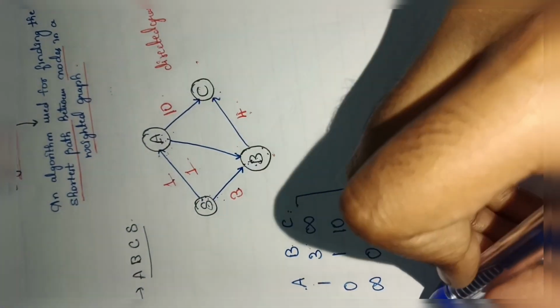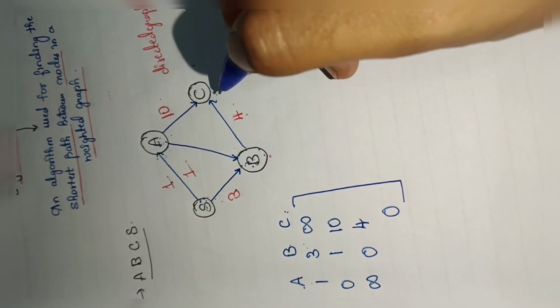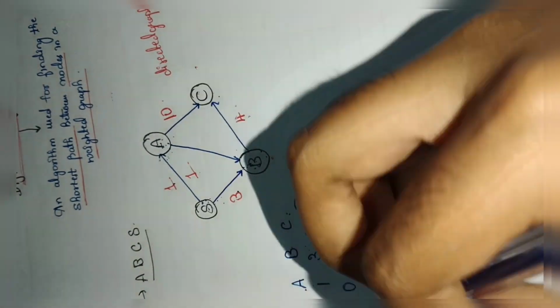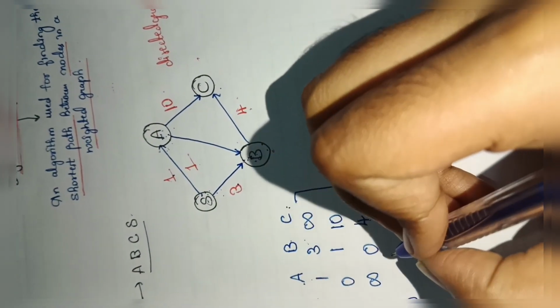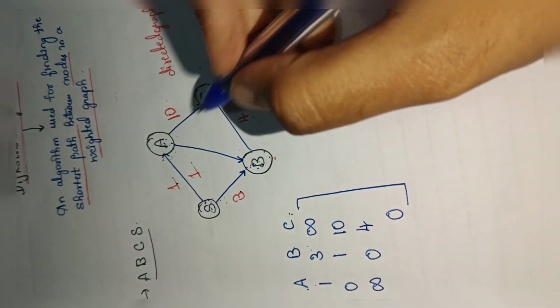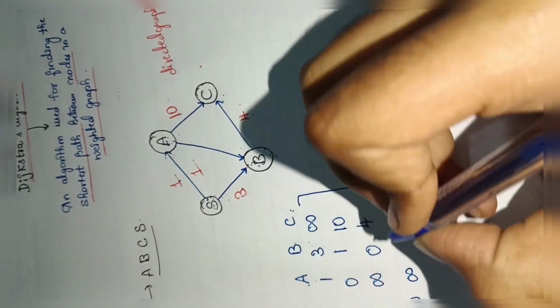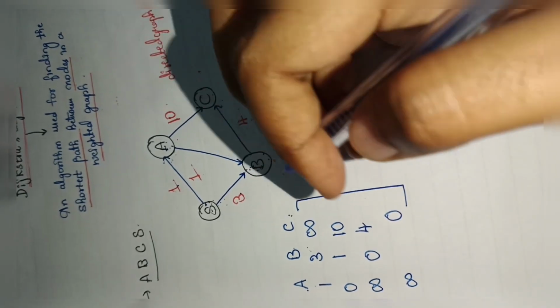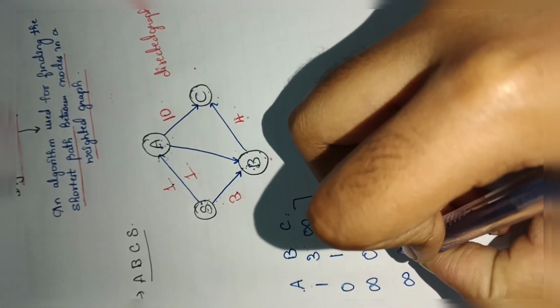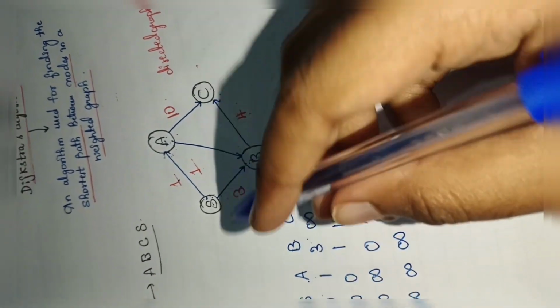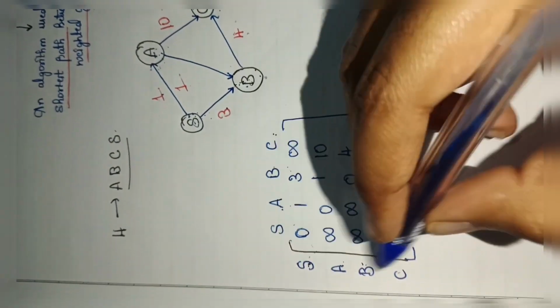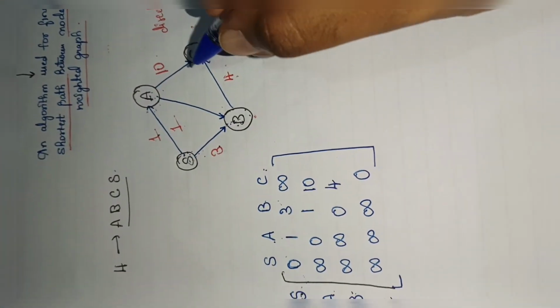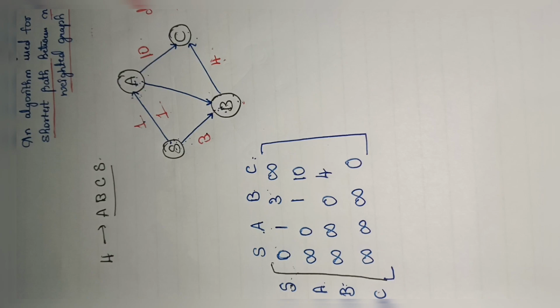And then from C to S, it's again infinite. And from C to A, it's again infinite. And C to B is also infinite. So this is the matrix for this graph in Dijkstra's algorithm.